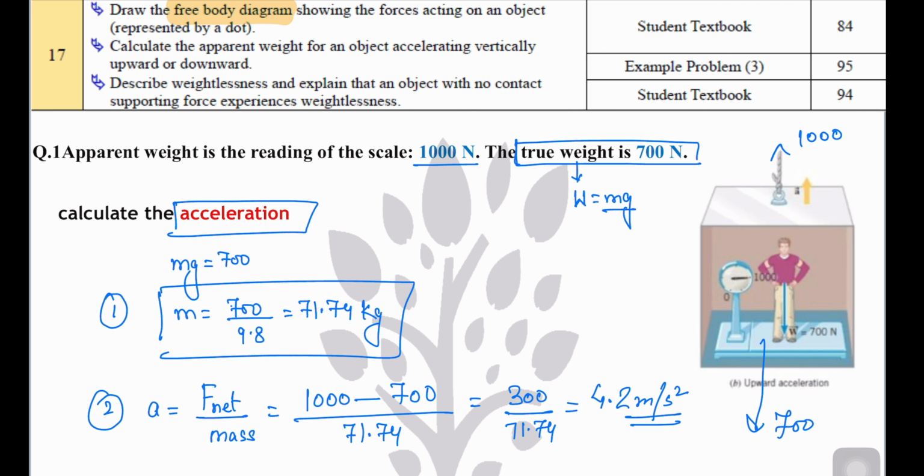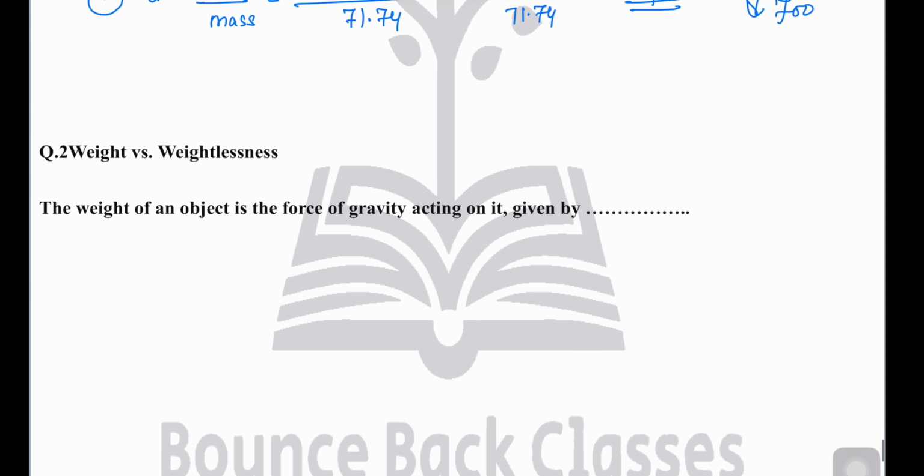Fine. Okay. Second part, weight. Weight means mg. Weightlessness means when both are equal, meaning acceleration is equal to gravity. Acceleration is equal to gravity, and tension, which is mg minus a, is equal to 0. This is the situation.